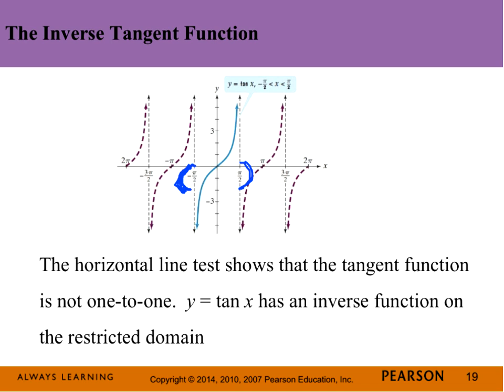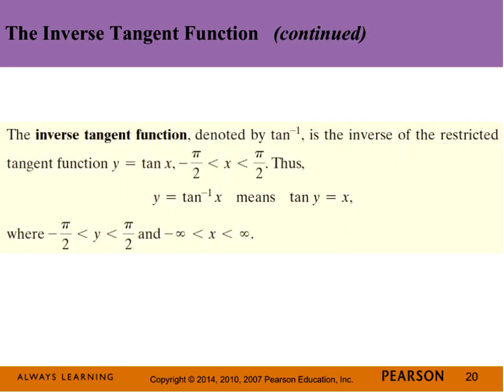And you can see that domain restriction here is from negative, and I'm using parentheses, not brackets here, because at those actual values of -pi/2 and pi/2, those are asymptotes, remember? So I have to use parentheses with this particular domain. But we can see that we are restricted to those intervals of -pi/2 to pi/2.